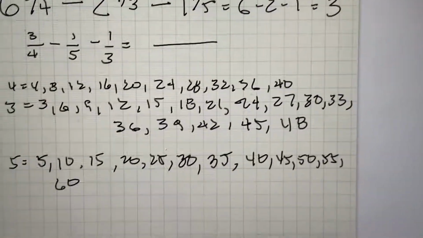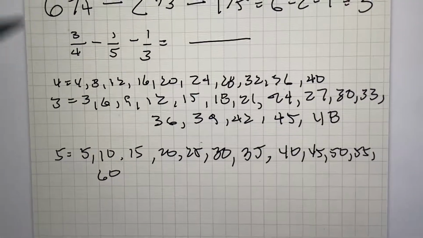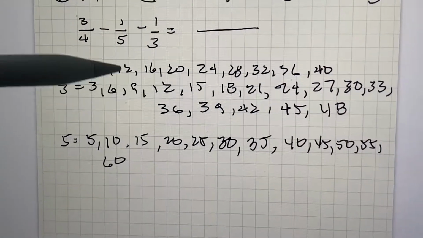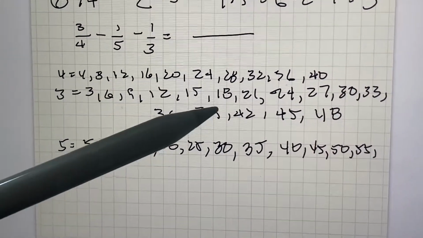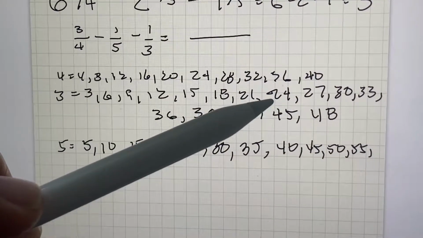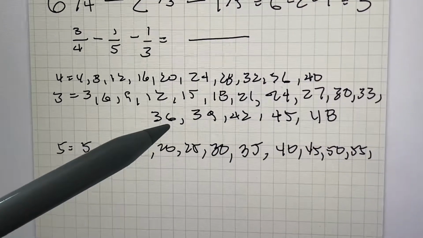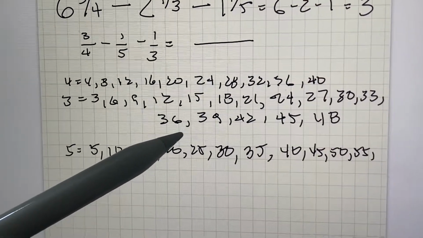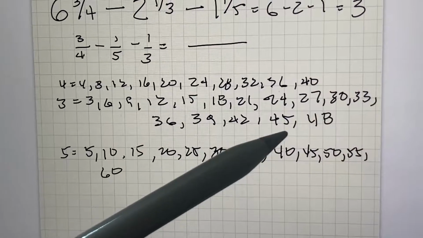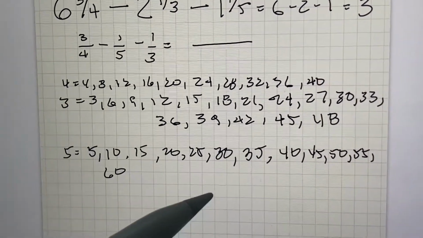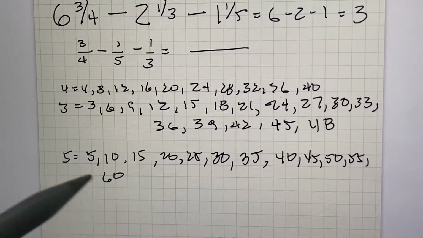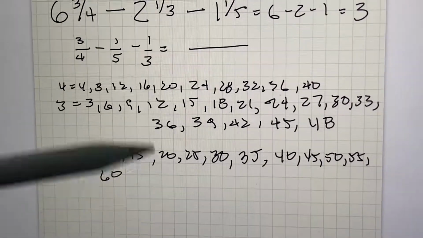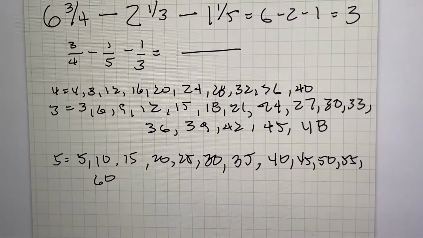Now, if we review these numbers so far, between 3 and 4, 12 is common, then 24 is common, then 36, and 48. However, it's not common here. Then we have common for 4 and 5 as 20 and 40.